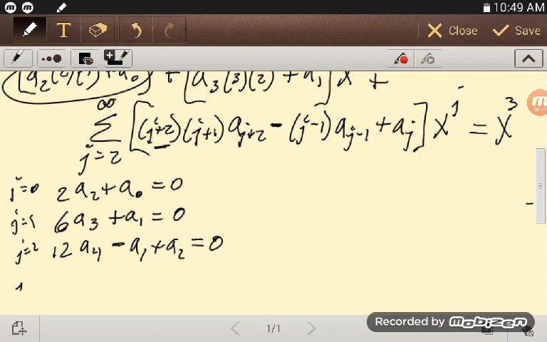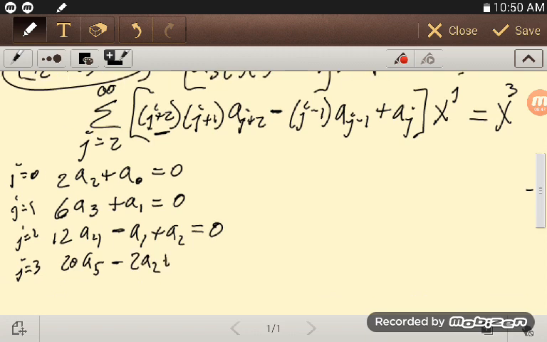But now when I get to j equals 3, that's the cubed term. And so when j equals 3 in here, I have 5 times 4, so 20, a5 minus, again, 3 minus 1 is 2, so that's 2a2, and then plus a3, that one equals 1.